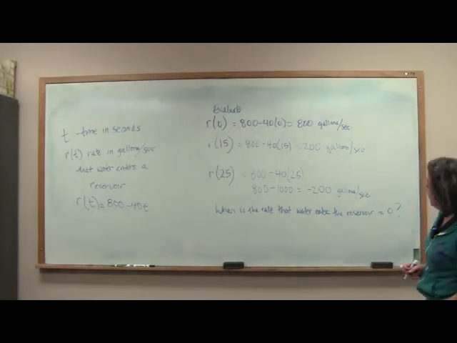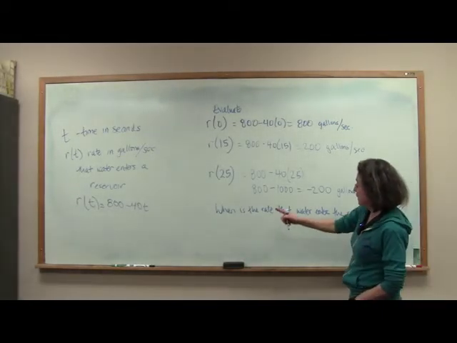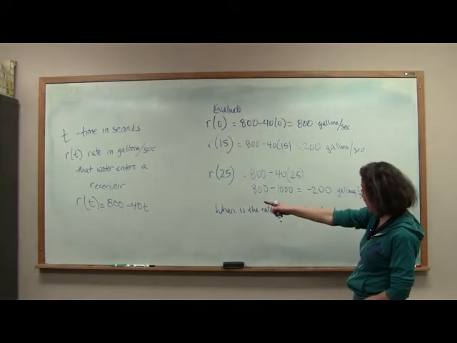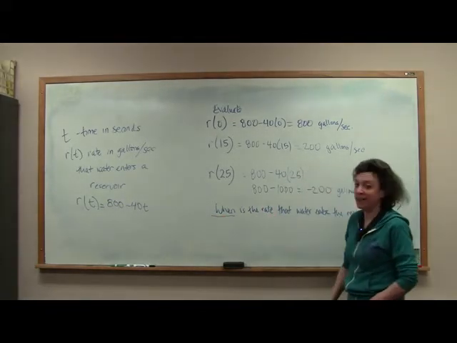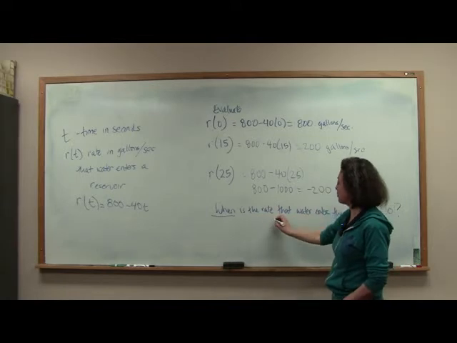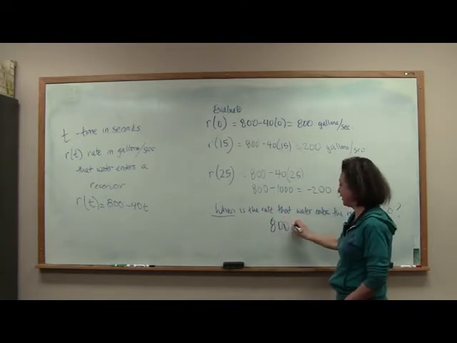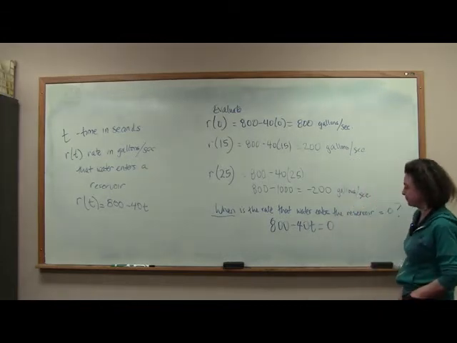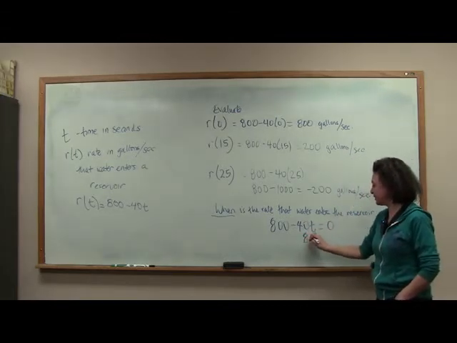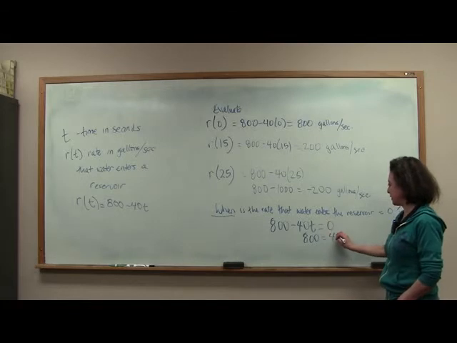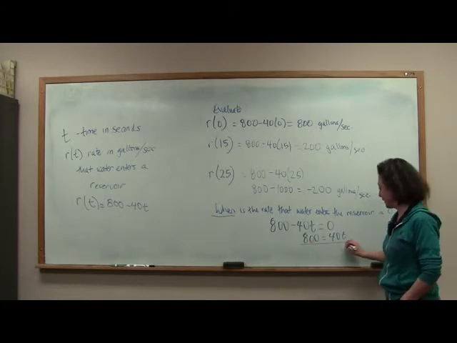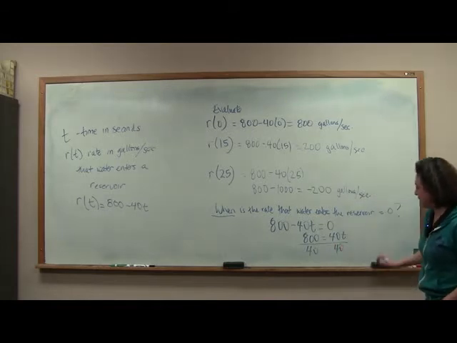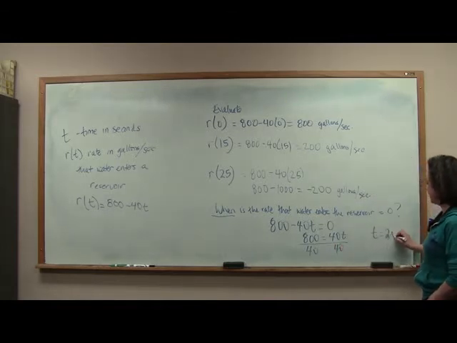And I claim yes. Now we want to know when, we're looking for time, is that rate, in other words, 800 minus 40t equal to 0? And this is something we can solve. Scoot your 40t over, and then divide both sides by 40, and you get t is 20.